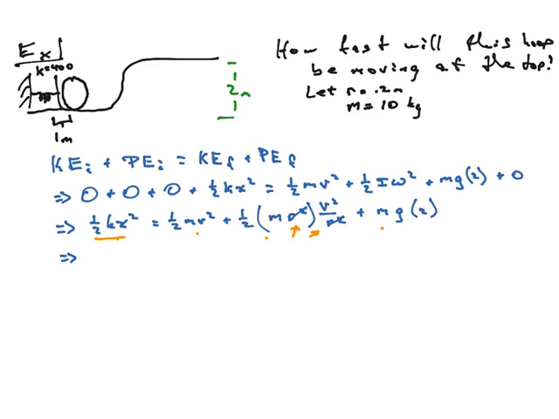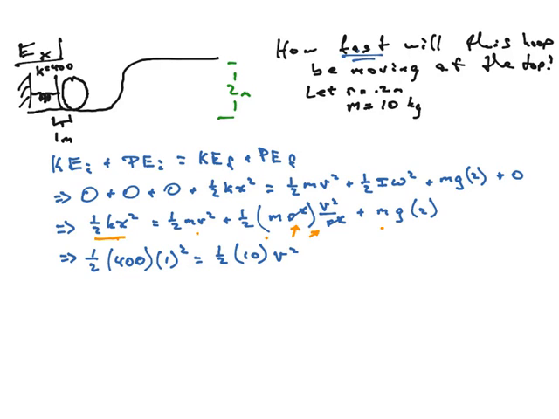All right, so this is all I can do. Fine, then let's plug whatever numbers in I can plug in. 1/2, what was k? K was 400. What was x? I originally compressed it by 1 meter, squared, equals 1/2. The mass of my hoop was 10, times v squared. I'm looking for v.